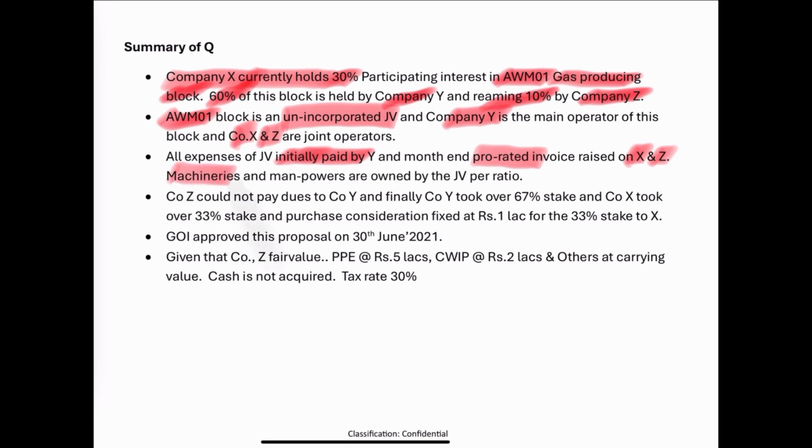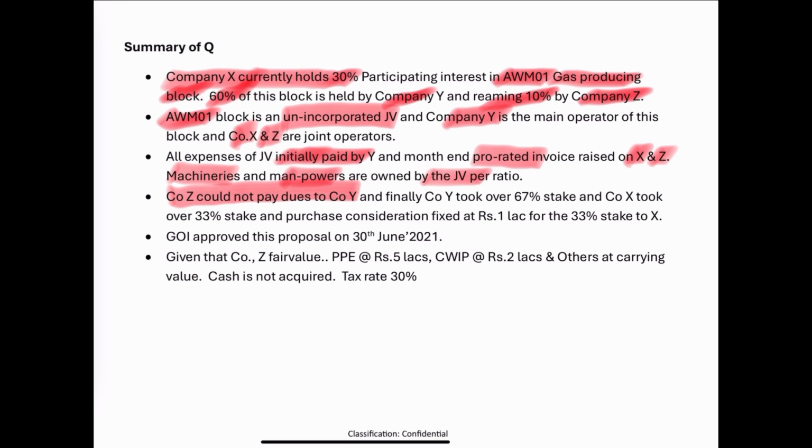The machineries and manpower are owned by the JV as per their stake. And company Z could not pay dues to company Y. This is important. Company Z was supposed to pay their share of expenses to company Y, but due to their treasury issues, they could not make payment.